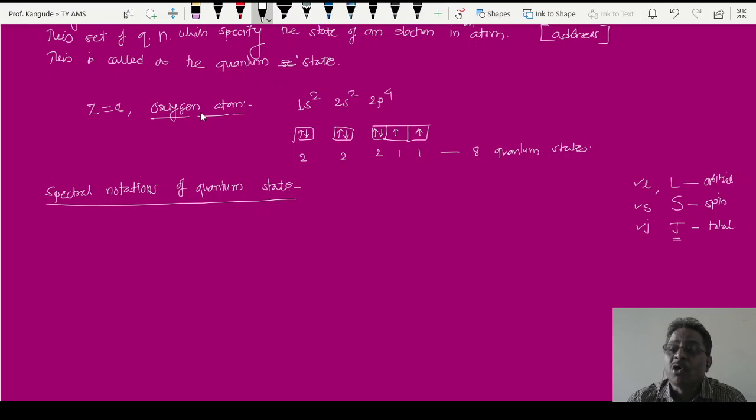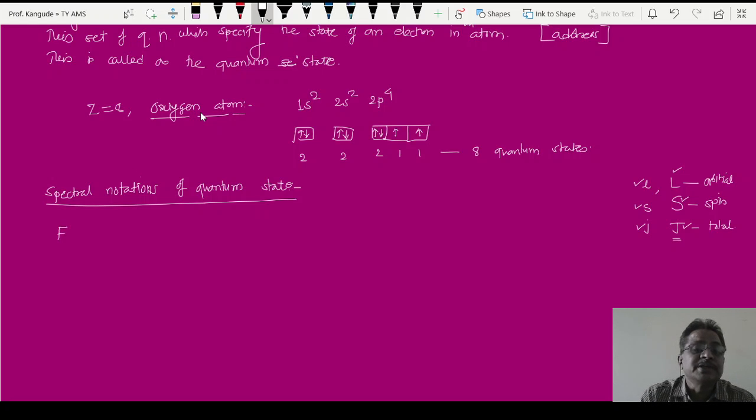So this is orbital angular momentum, this is spin angular momentum, and this is the total angular momentum. And these are the quantum numbers. So these things must be known to us, and then we can go for discussion of how the scheme is applied in atomic physics or in atomic and molecular spectra to write these spectral notations for given quantum states.